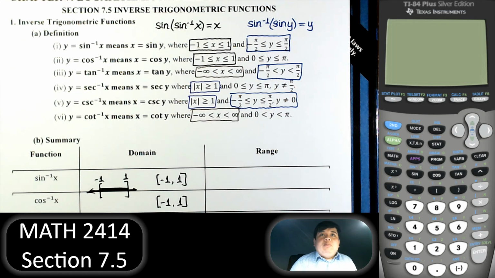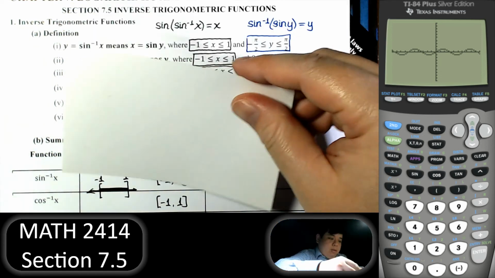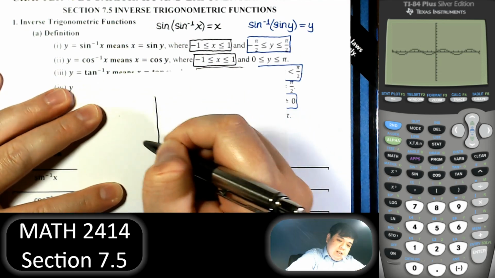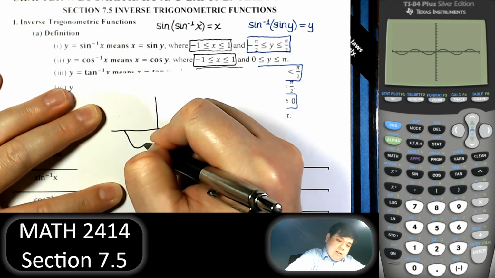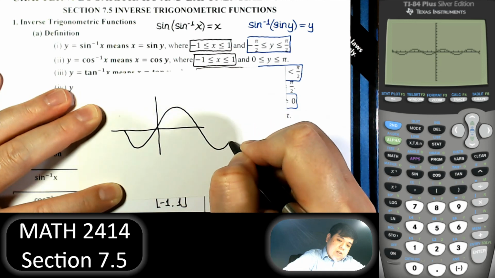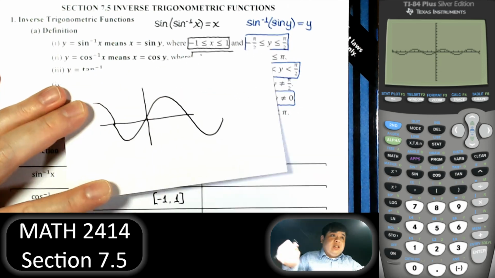I'm just going to graph the sine function in general, sine of x. Sine of x is a periodic function. A periodic function cannot be a one-to-one function, but we know that only a one-to-one function has an inverse. So I try to draw that here. That is the sine function.